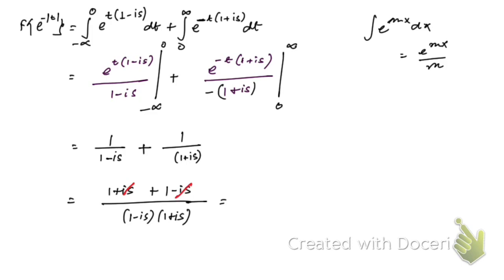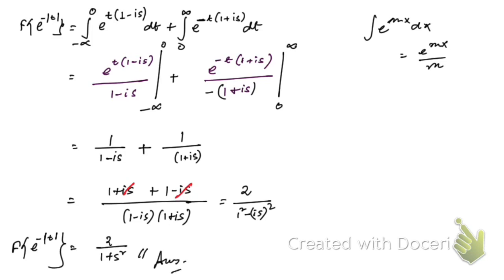So what we're gonna get here 2, and here we're gonna have 1 square minus is whole square, and i square is minus 1, s square is s square. So here we have negative, so minus minus, that's gonna be plus s square, right? So hope you got it. So that's why this is gonna be equal to 2 by 1 plus s square. So this is the answer. This is the Fourier transformation of e to the power minus mod t.